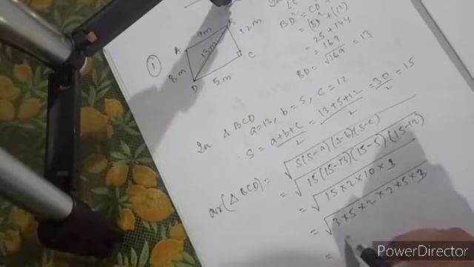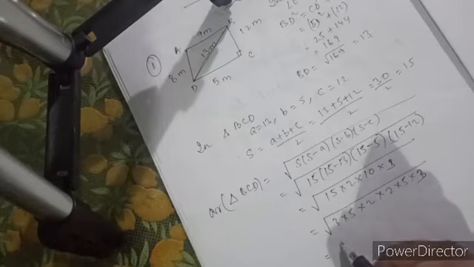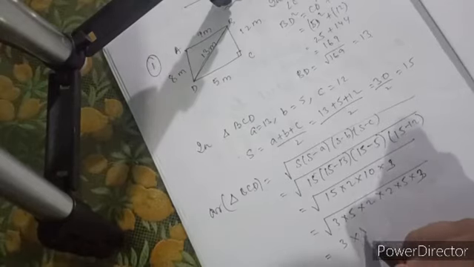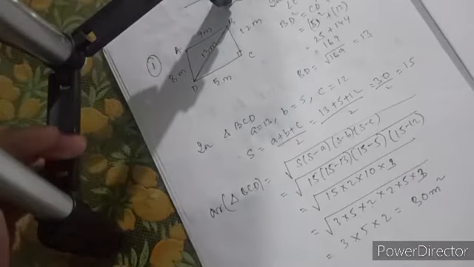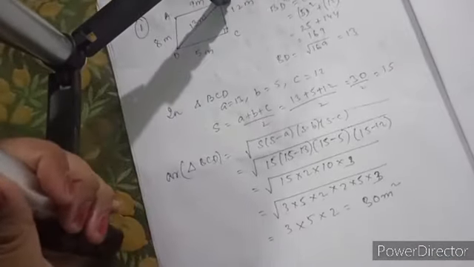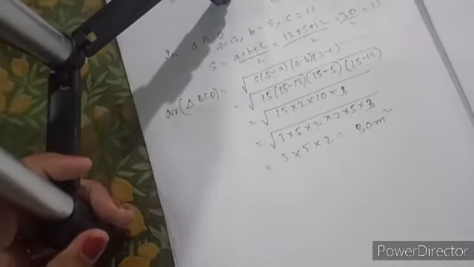So 3 fives are 15, 3, 2, 5, 1, 5 will come out, and so how much is coming? That is 30 meter square for triangle BCD, isn't it? So let us find for the second triangle.